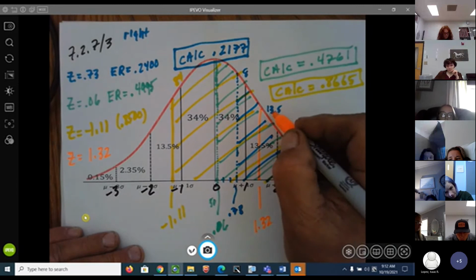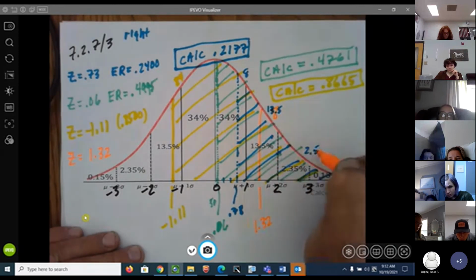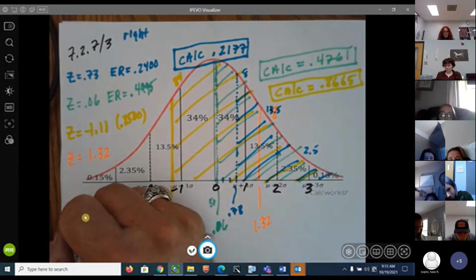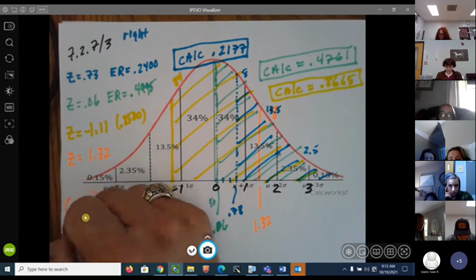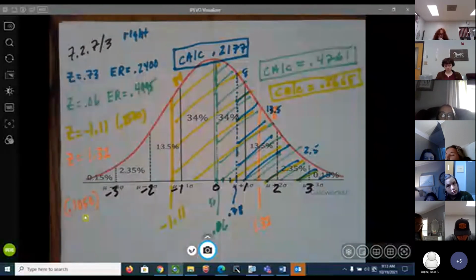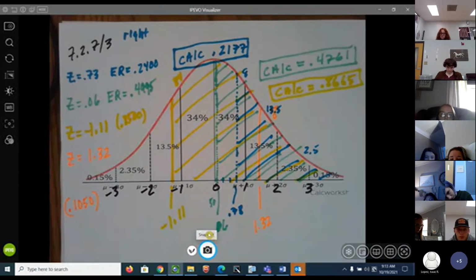So this would be 8, and 8 and 2 is 10. So I'm going to say the empirical rule for the orange is 0.1050, somewhere around 10%. So we're going to go to 9999.